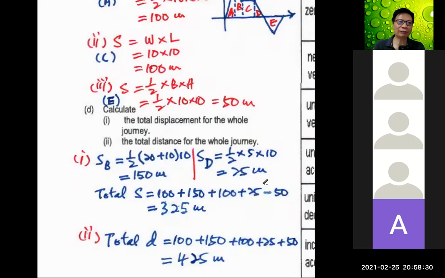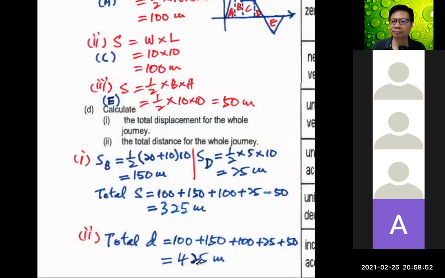Just now you minus 50, now you add 50, the gap becomes 100. So the difference must be 100. So add 100, 425. Okay.